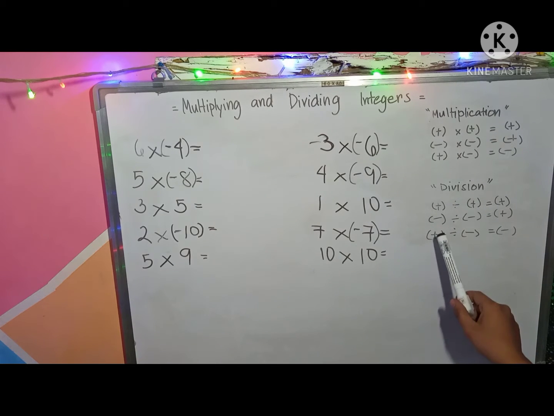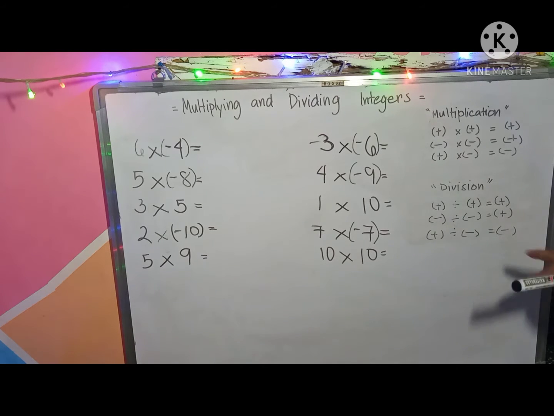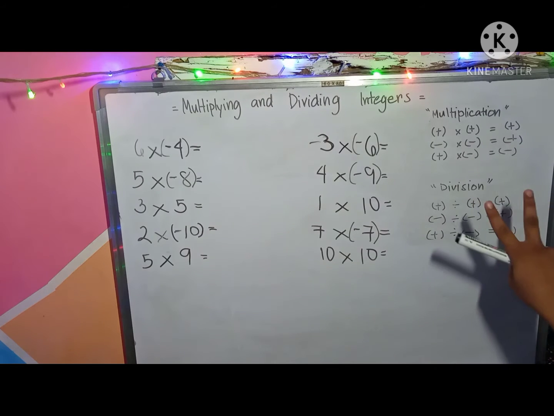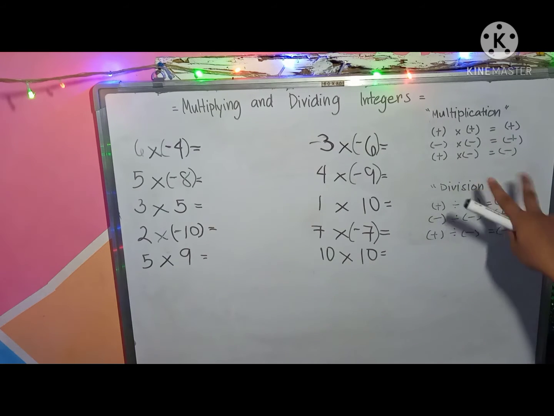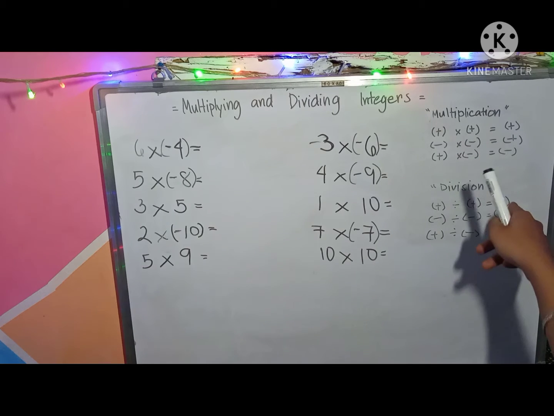When we divide positive divided by negative or negative divided by positive, the answer is negative. Laging tatandaan, when multiplying or dividing integers, like signs will always have a product or a quotient of positive, parehas silang positive or parehas silang negative. Pero kapag nagkaiba ang kanilang symbol or sign, the answer will be negative.